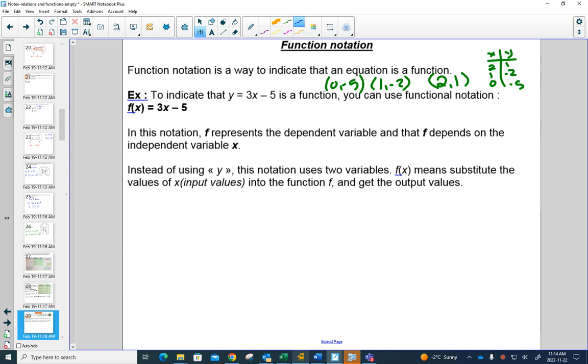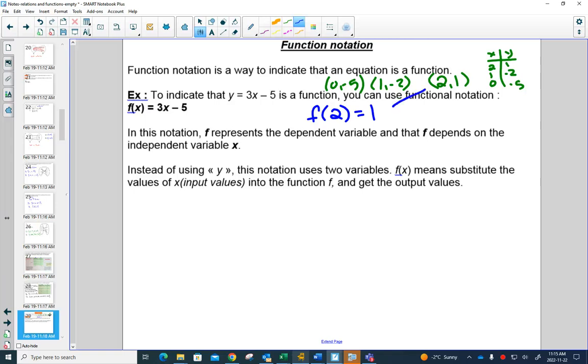So what you've already figured out is this: f of 2 equals 1. In function notation, f of x is y, but it has the x involved.